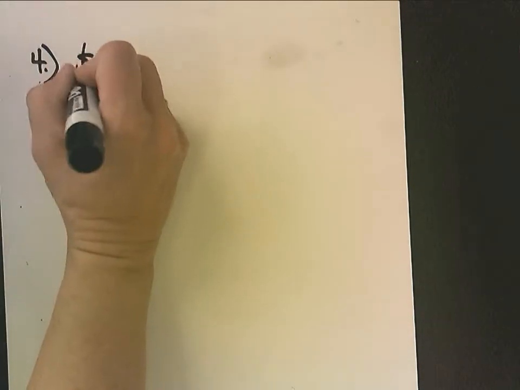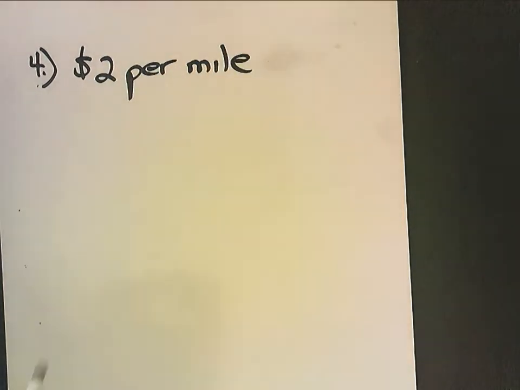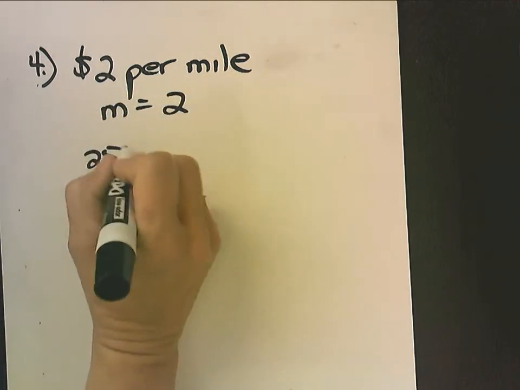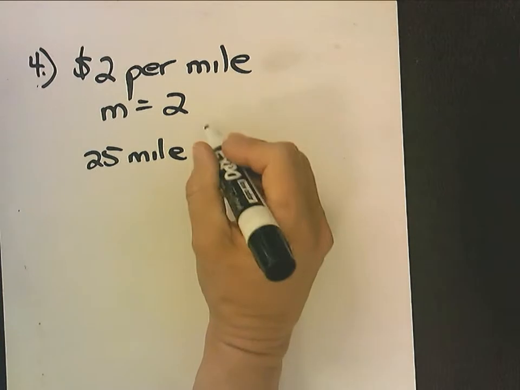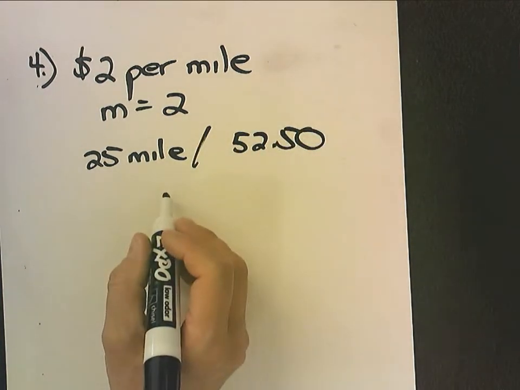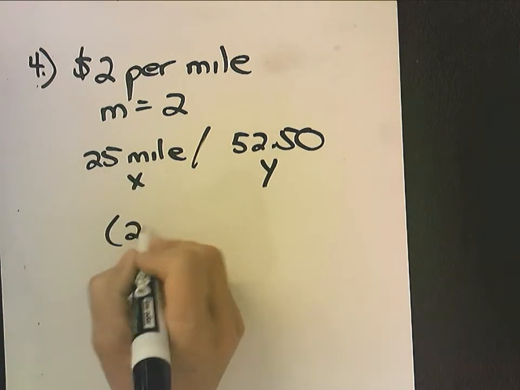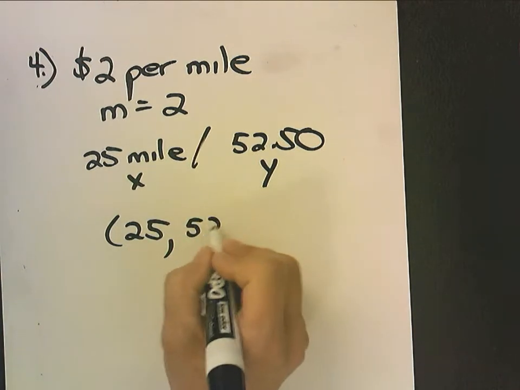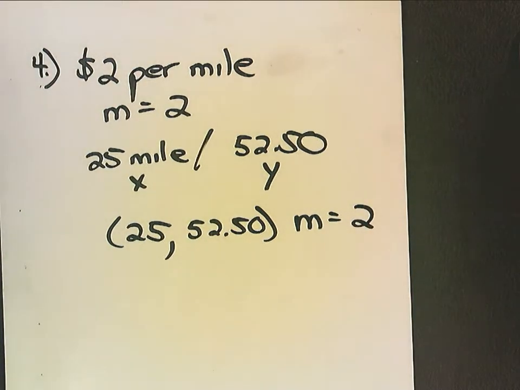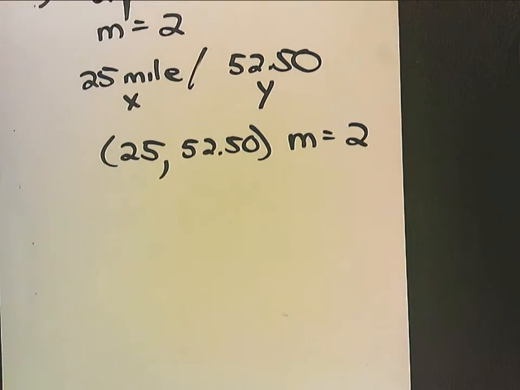Well, $2 a mile is the same as $2 per mile, so they're giving us the slope. Then when they tell us 25 miles costs $52.50, they are giving us a point. This is the total cost, so that would be y. So (25, 52.50) is a point, and m equals 2 is the slope.